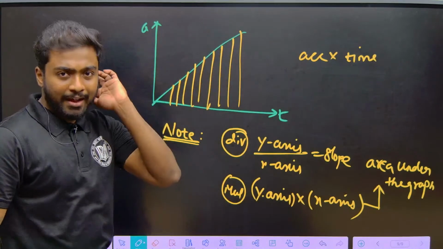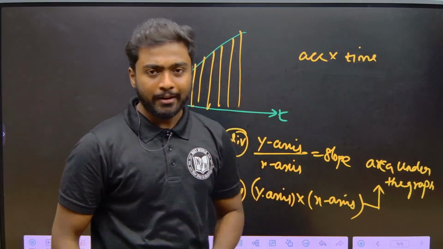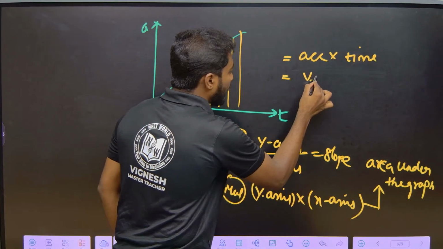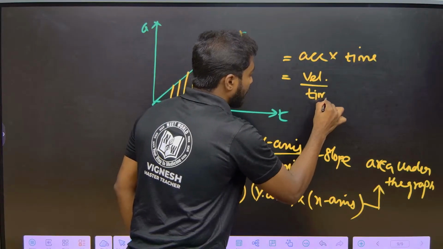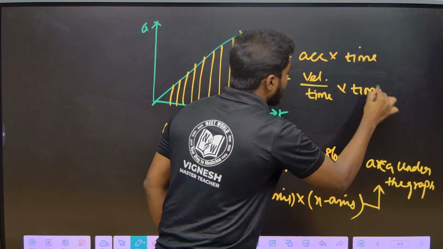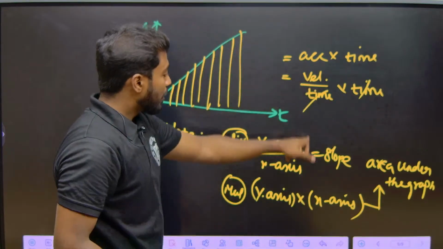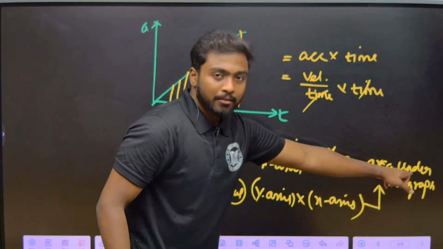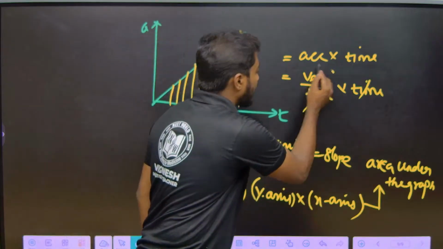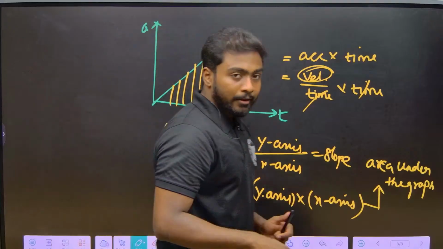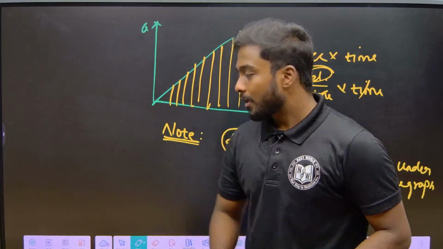So what is the meaning of acceleration, guys? It is velocity by time, right? The second point is velocity by time into time, so time cancels. What I said, when I talk about area under the graph, it is multiplication. I will get velocity for the AT graph. So if I take the area under the AT graph, I will get velocity.